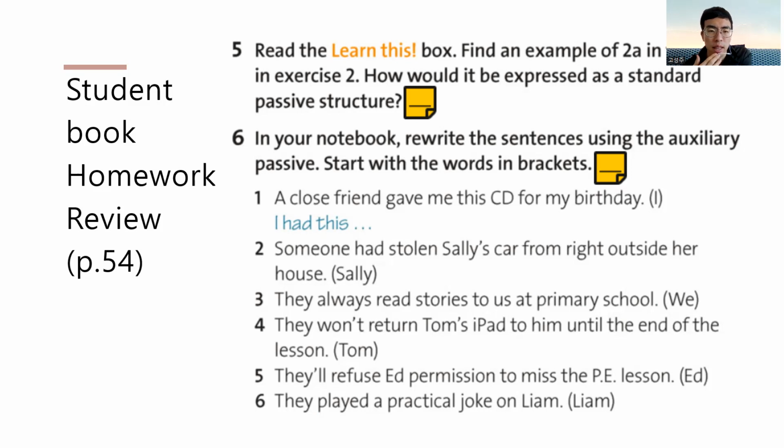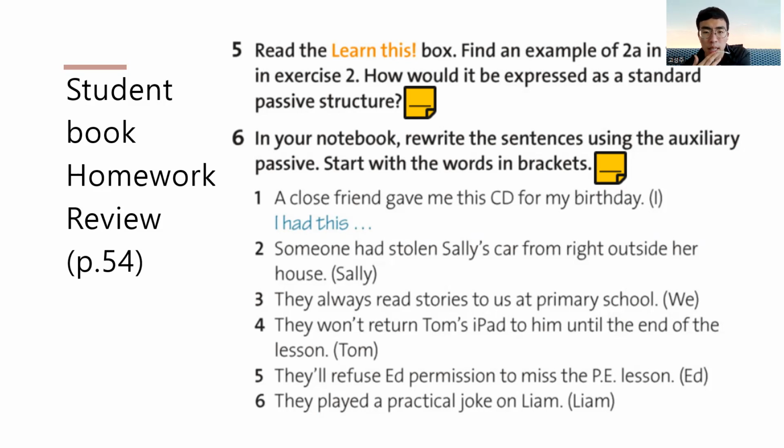Number 3, they always read stories to us at primary school. So where is the indirect object? Stories, right? Oh, that's a direct object, only direct object. Okay, no indirect object.